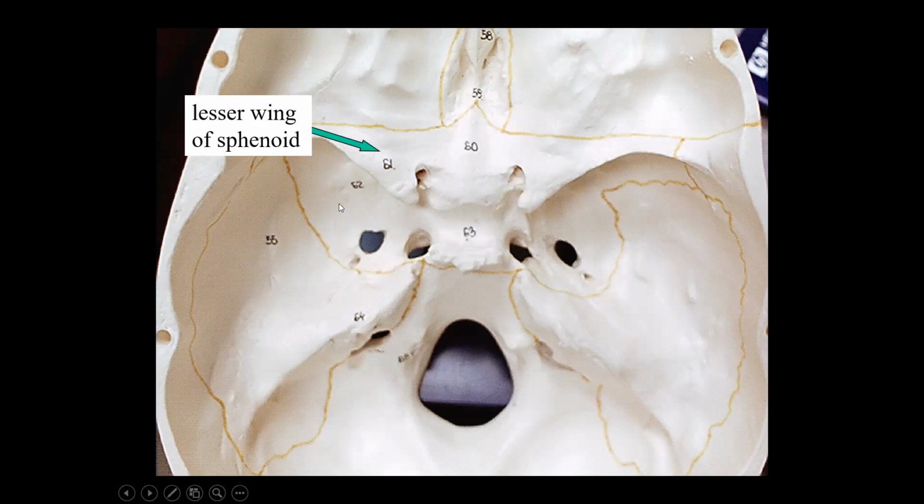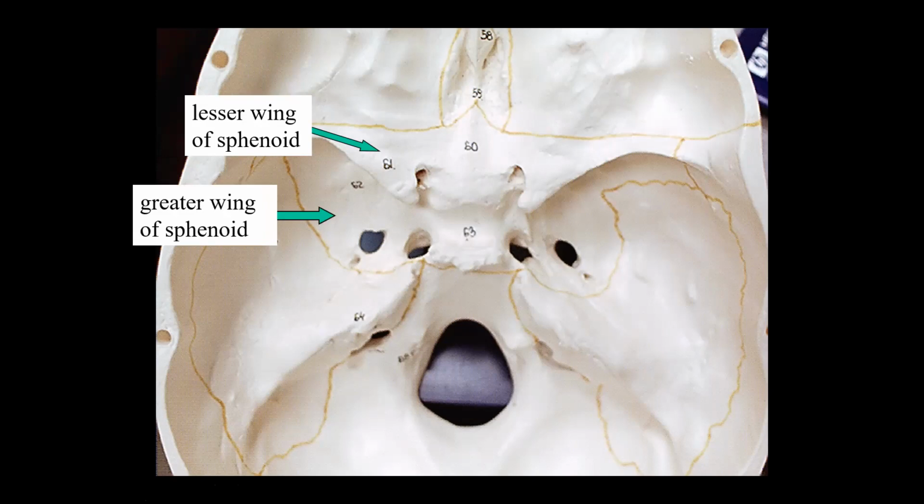If we have a lesser anything, we've got to have a greater. And the greater is this, the greater wing of the sphenoid. In anatomy, the way structures are described, we have lessers and greaters. If we have lesser, we have greater. If we have superior, we have inferior.